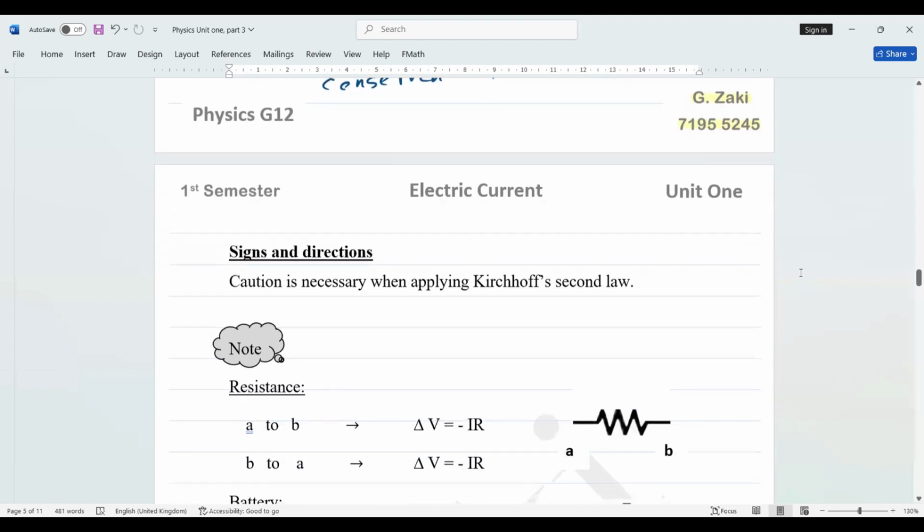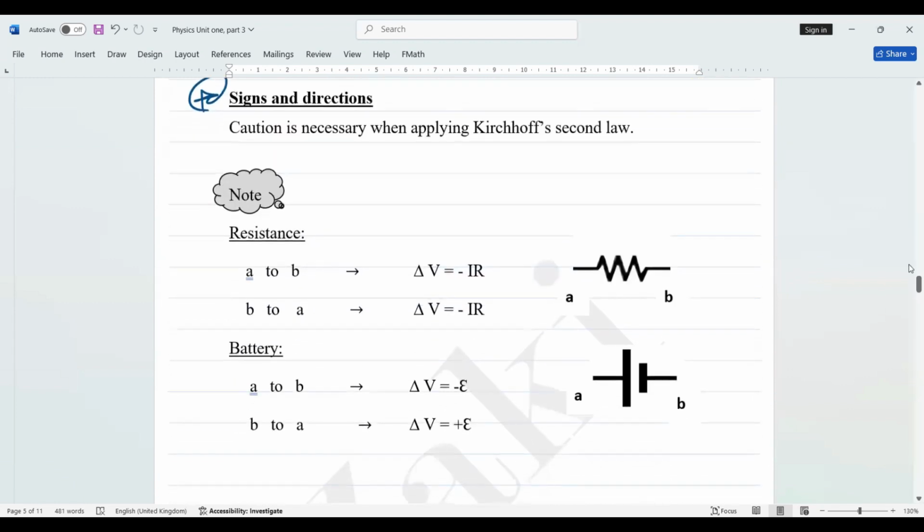Now, this is a very important part. How can we solve any question by using Kirchhoff's second law? Here it depends on the direction of the current in the loop. So if the current in the loop is from A to B, then the potential difference is negative. And also, if the current is from B to A, the potential difference is negative. Here we say this is the negative and this is the positive.